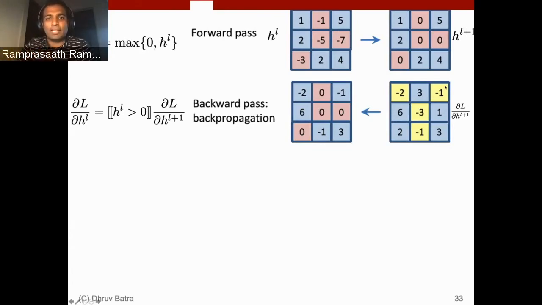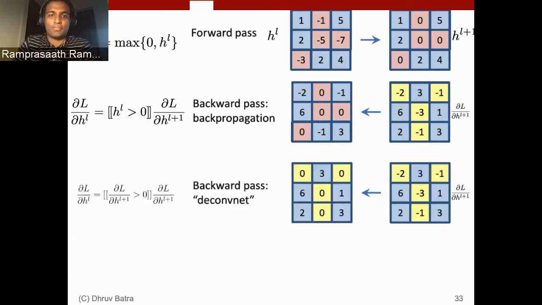When we backpropagate this through the ReLU layer, it's not the negative gradients that get zeroed out. It's the regions where the forward activation was not positive that are being zeroed out. And this is your regular backprop through a ReLU.